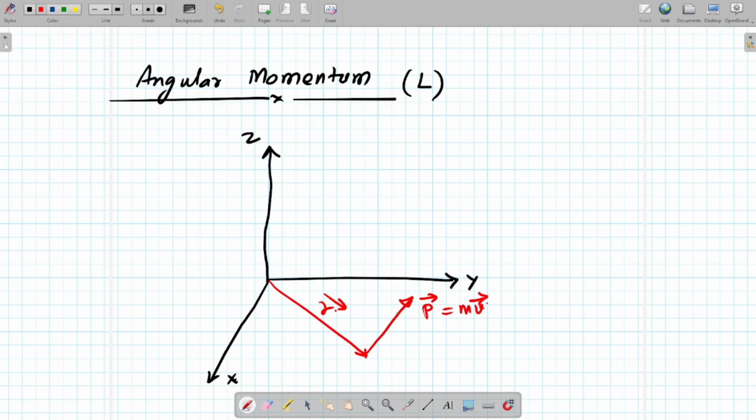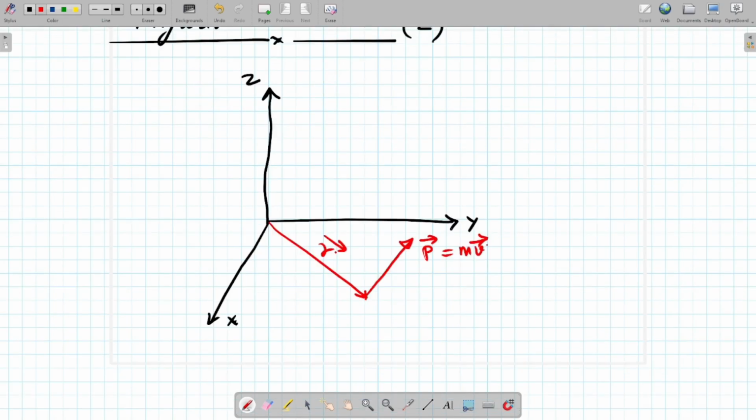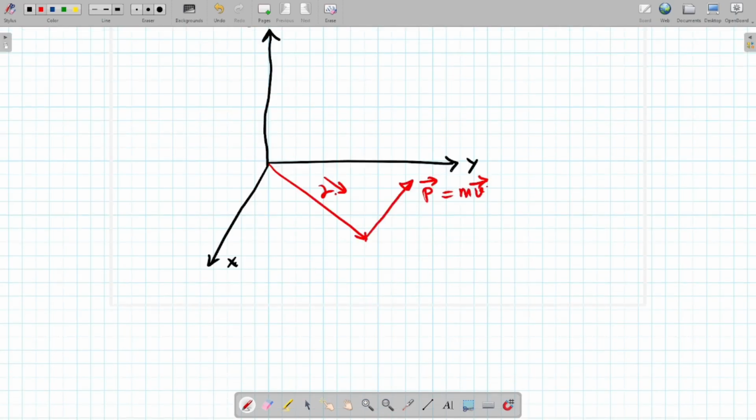Okay, so how do we define angular momentum? The angular momentum L is defined as r cross p.